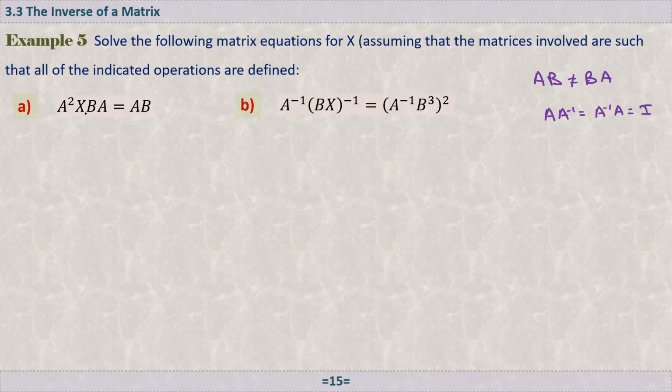So here, to solve for X, we need to leave this X alone on the left hand side and take everything to the right hand side, by using those properties, right?